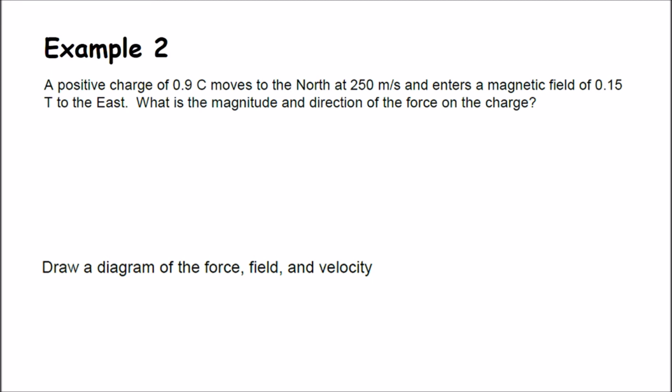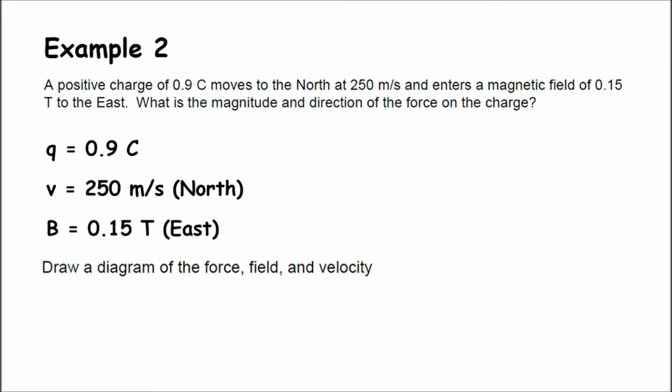All right, example number 2. Again, a positive charge of 0.9 coulombs moves to the north at 250 meters per second. That's the velocity, that's a vector, so I have to include the direction with it. It enters a magnetic field of 0.15 teslas to the east.